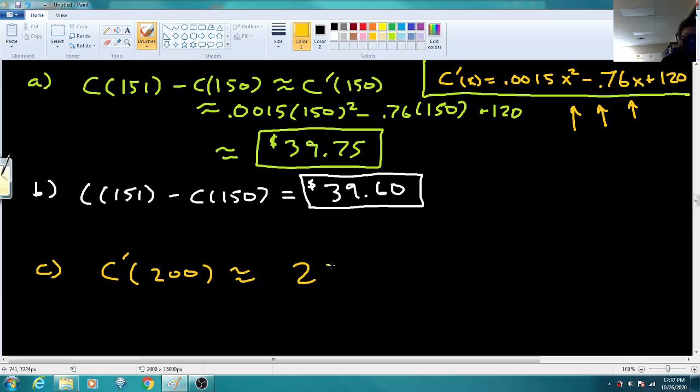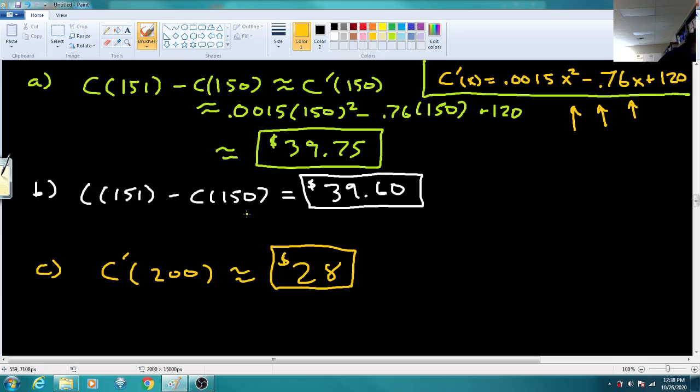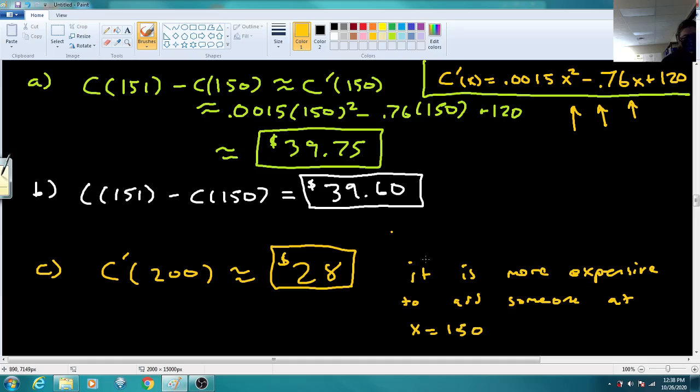And this is about equal to $28. So the way it was phrased, it said, is it more expensive? It is more expensive to add someone at x equals 150 because it costs $39.75 up there, versus the $28 down here.